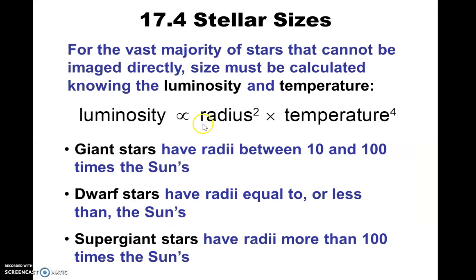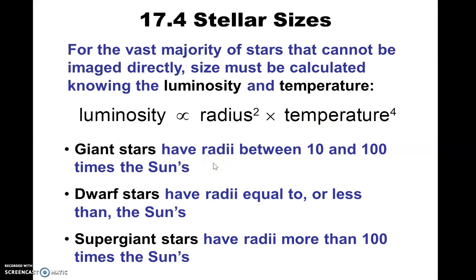So this is basically the inverse square law, right? It just tells you that the energy gets spread out as the square of the distance. All right, so luminosity is proportional to the square of the radius and the 4th power of the temperature.